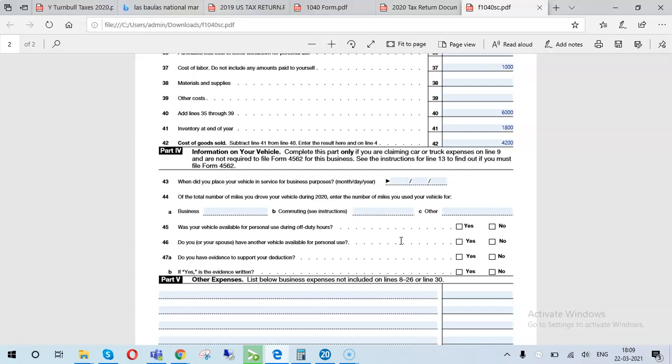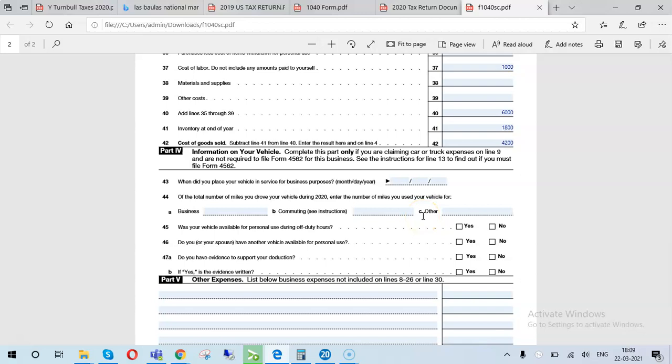Now line 44, of the total number of miles you drove your vehicle during 2020, enter the number of miles you used for each purpose. So I see there are 3 sections: business, commuting, and other.